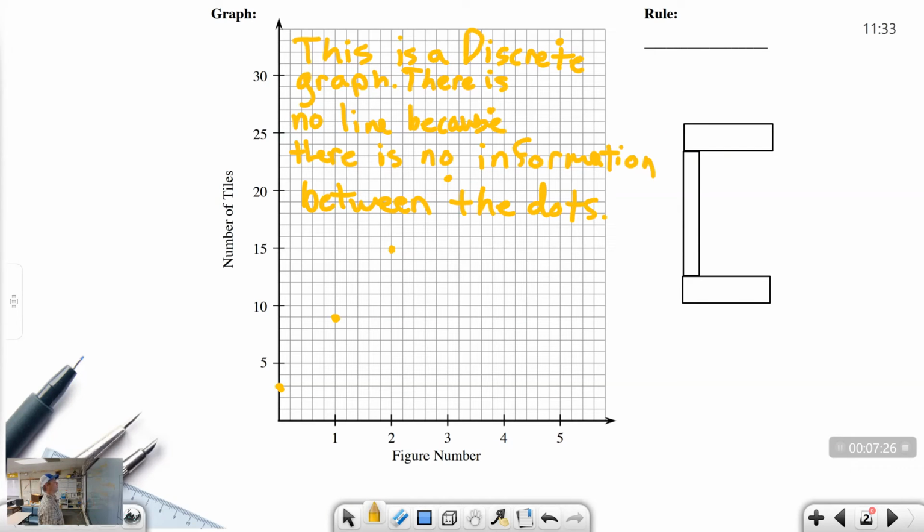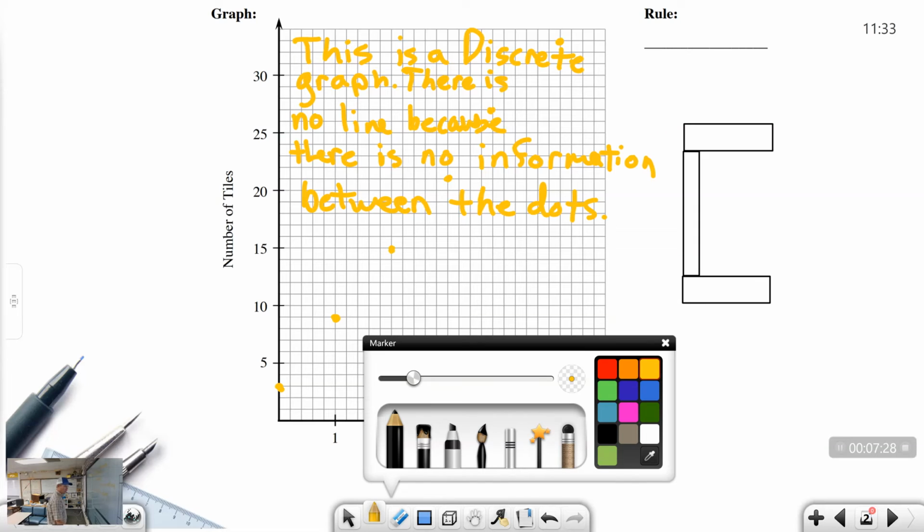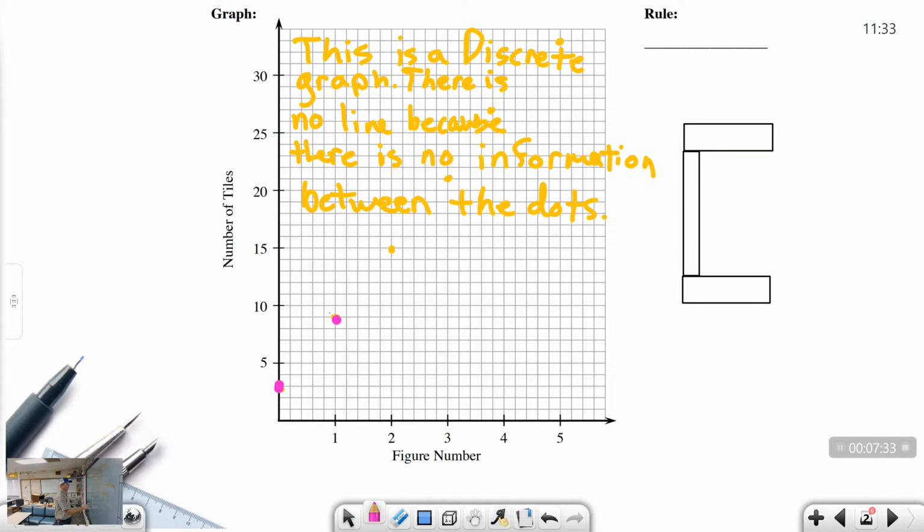Now, hopefully you wrote that a little bit clearer. I could change the color of my dots to help them show up a little bit better.